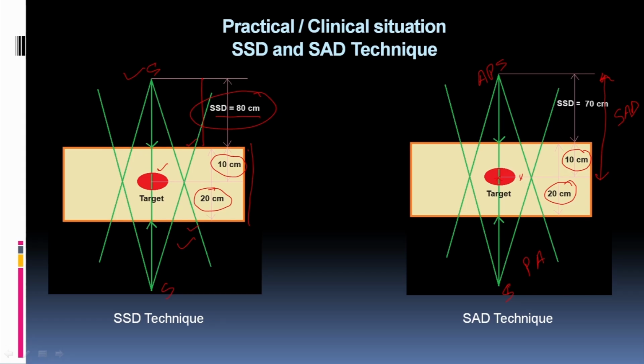Here we keep the distance of 80 centimeter fixed from the source to the target center. So we localize our target to the isocenter of the machine. In the SSD technique the source to skin distance is fixed at 80 centimeter, but in the SAD technique the axis of rotation is localized within the target and it is 80 centimeter.